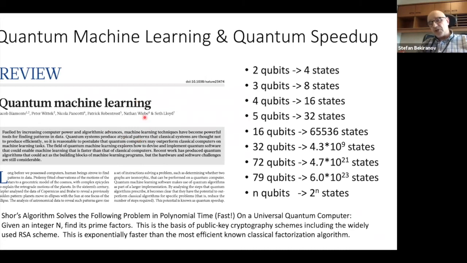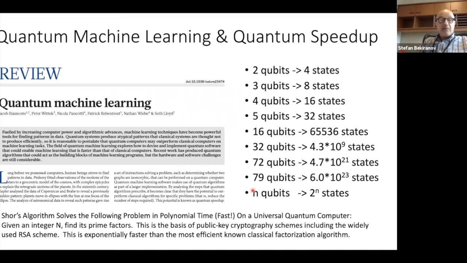What's the intuition for why this could be powerful? I've described 2-qubit states. Two qubits encode 4 states: 0,0, 0,1, 1,0, 1,1. Going through this kind of digital thinking in quantum space, 3 qubits correspond to 8 states, 4 qubits to 16 states.